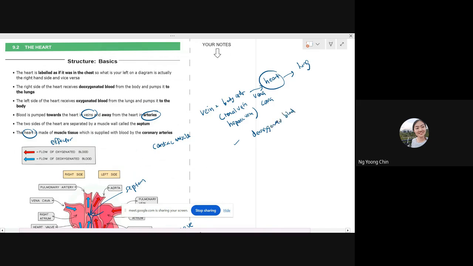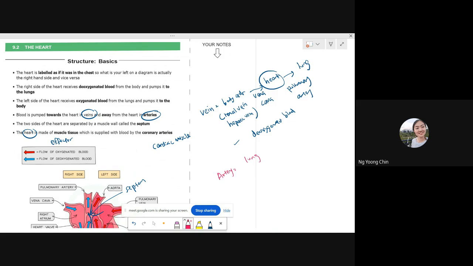So when the heart pumps the deoxygenated blood to the lungs, it enters through the pulmonary artery. So this is the artery. Okay, now we talk about the artery. Artery is another story. What the artery does is, from the lung itself, they get the oxygenated blood because they have already finished the inhalation and exhalation.